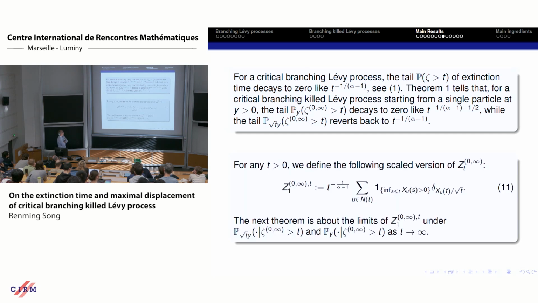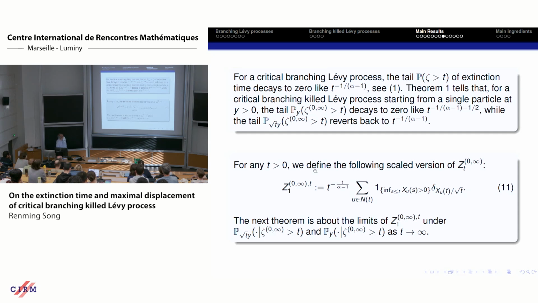And also I'm going to talk about some kind of scaling limit. For any fixed time t, we define the following scaled version of our branching killed Levy process. We scale position by square root of t, and then do some normalization here. Okay?